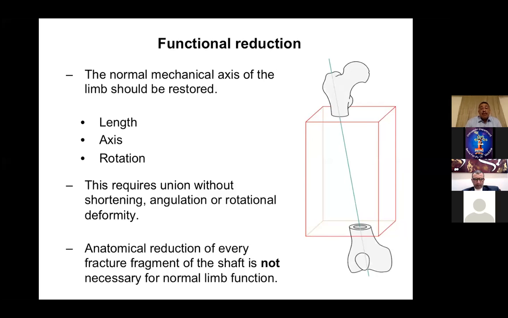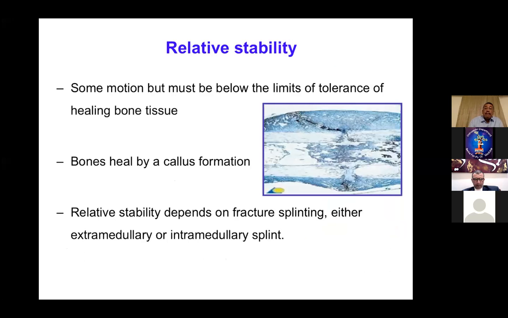But anatomical reduction of every fracture fragment of the shaft is not needed. So relative stability becomes a concept in the early 90s up till now, from 1989 exactly till now.